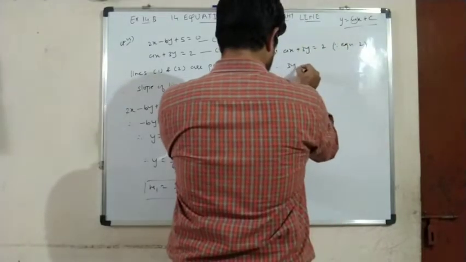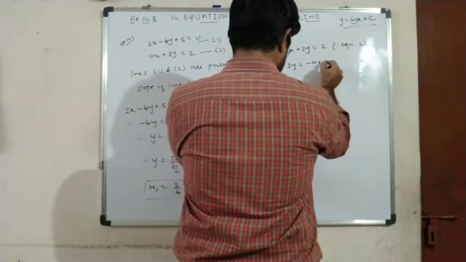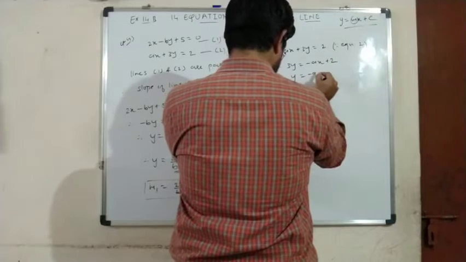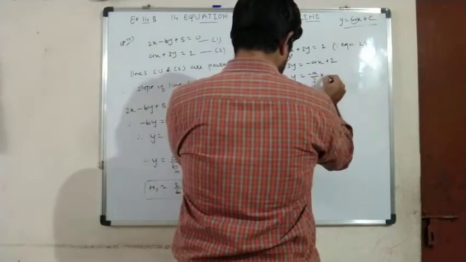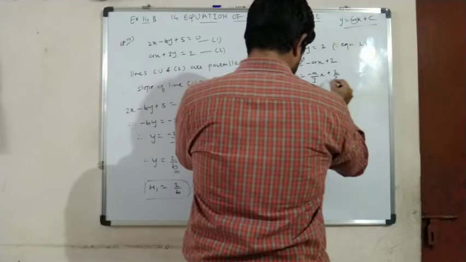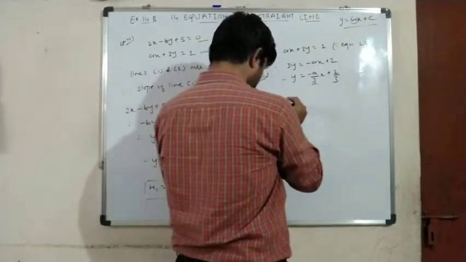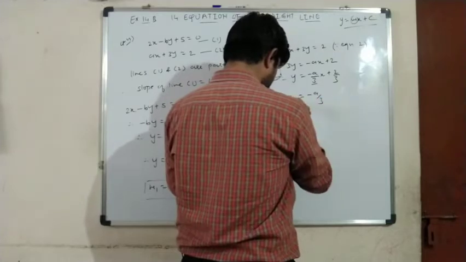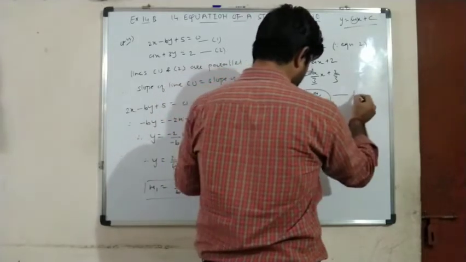Okay, here 3y is equal to minus ax plus 2, and therefore y is equal to minus a upon 3 x plus 2 upon 3. What is m2? Okay, value of m2 is minus a upon 3. Yes or no?